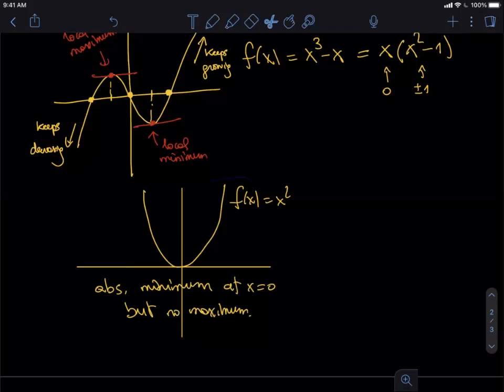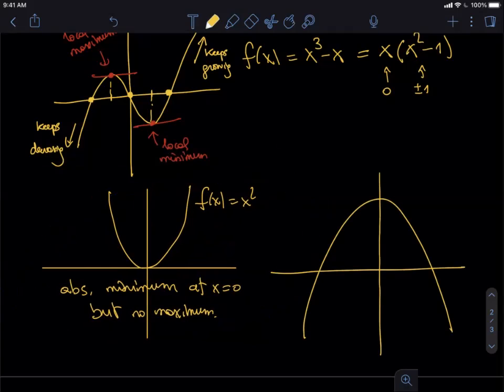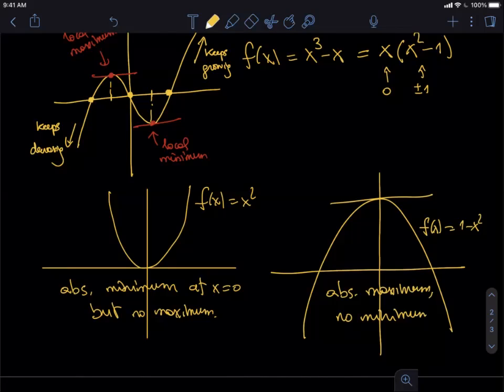And we can have the opposite situation when we have a parabola open down, right? Let's say this is 1 minus x squared. In this case, we have an absolute maximum and no minimum. Okay, the function just keeps going down as we go to negative infinity or infinity.